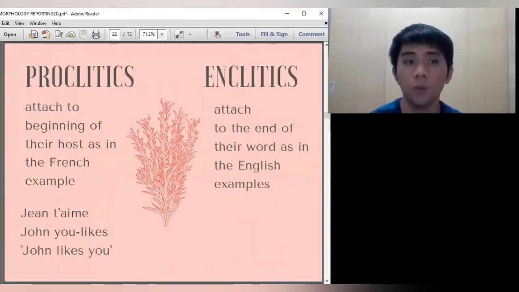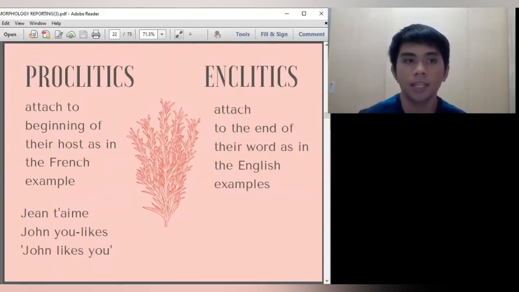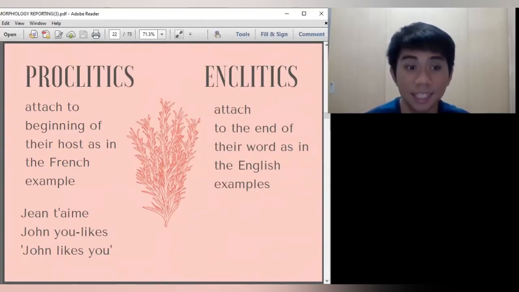So we have two types of clitics. First is the proclitics. These are attached to the beginning of their host, as in the French example: Jean t'aime, its English translation is John likes you. The clitic here is the T in French, which means you in English. You attach it at the beginning of the host, which is aime, or likes.